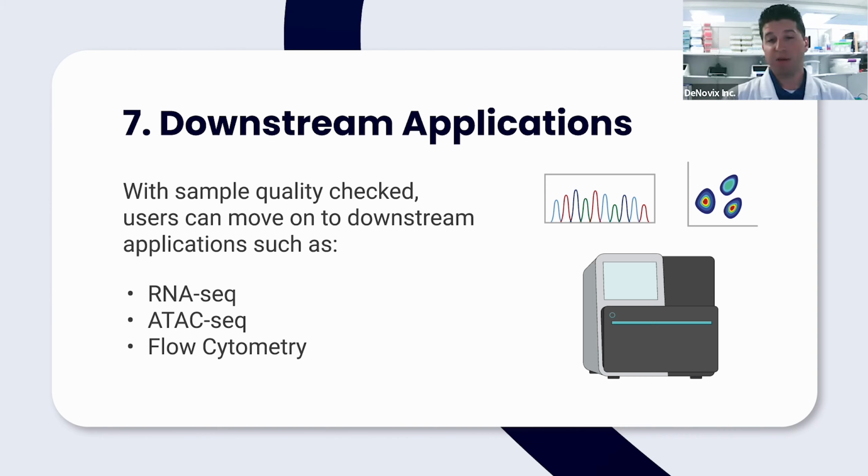And you want your nuclei to be at a good concentration before you load them onto that chip as well. So you'll know the exact concentration of nuclei that you have, as well as the level of debris and intact cells in that sample, so you can be confident that when you go load them into these downstream applications, it's a quality sample that will hopefully give you good results.